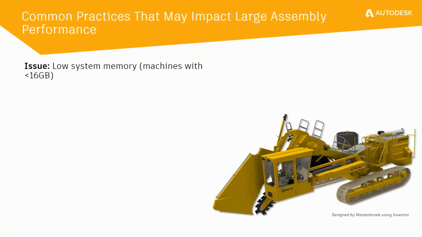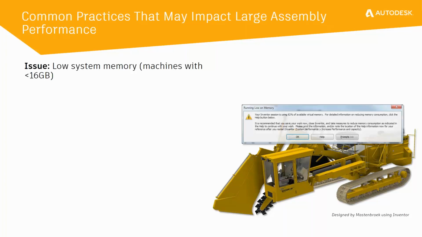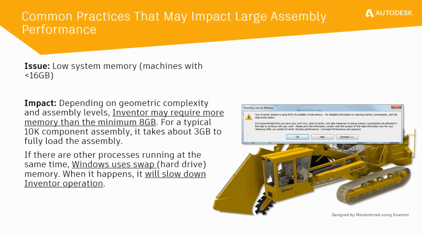Now, sometimes you might experience this where you have low system memory. Often you might encounter a low memory warning or an out of memory warning error if it goes beyond this. This is because Inventor is, in essence, loading this information into RAM, and once it exceeds the storage capacity of RAM, it then starts transferring this information to a local hard drive or a swap space.